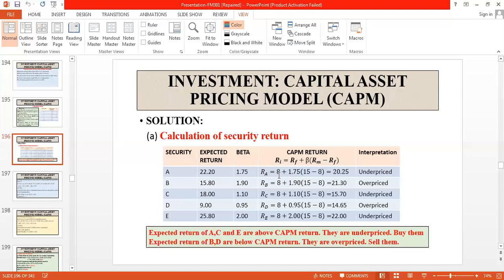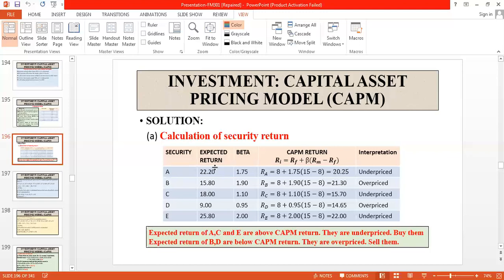So put these figures in the formula, you will get the expected return as per security market line. This is the actual expected return projected by the investor, and this is the return that is projected by the security market line. So compare the first security: as per SML, the return should be 20.25, but the actual expectation that is calculated is 22.20.